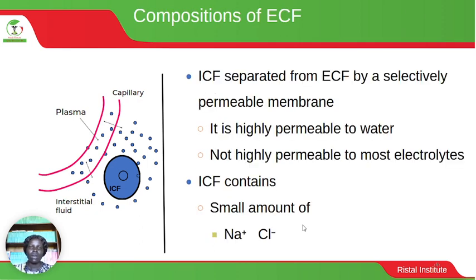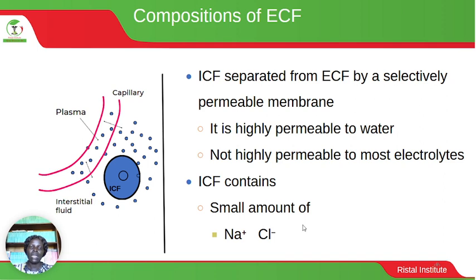Intracellular fluid is separated from extracellular fluid by a selectively permeable membrane. That means this type of membrane allows certain substances to pass through, whereas it does not allow others to pass through. Mostly molecules that are bigger in size may not be allowed to go through.